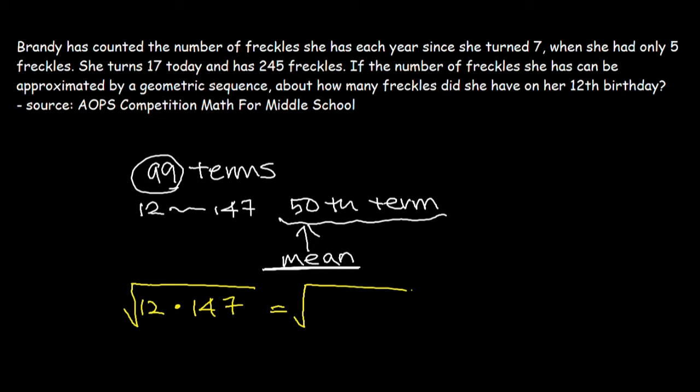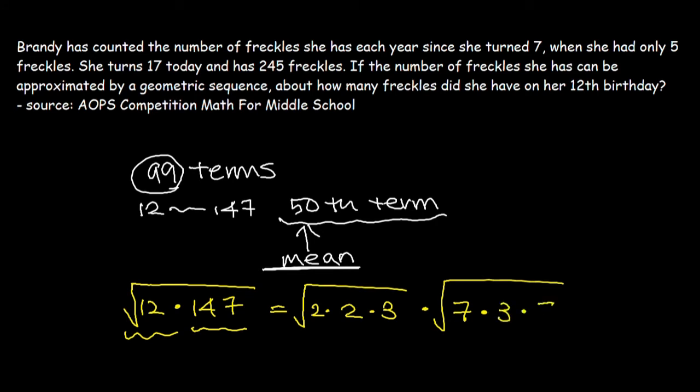Let's divide 12 up: that's 2 times 2 times 3, and I'm just splitting up the radicals. Then this can be simplified with 7 times 3 times 7. So we're left with 2 times 3 times 7, which is 42. So you have 42 as your answer.